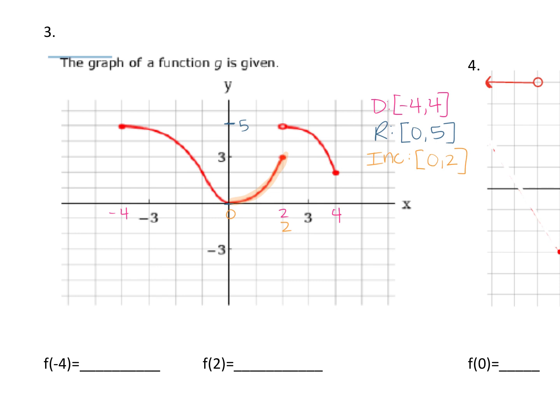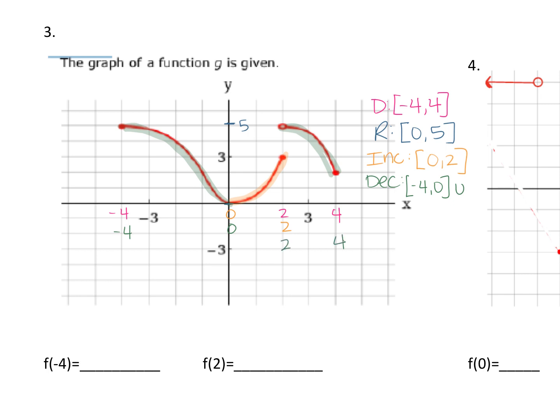For your decrease, you have 2 parts of this line, or these lines, that are going down from left to right. One that's here, and the other that's here. So that means that you are going down from -4 to 0, and you are also going down from 2 to 4.